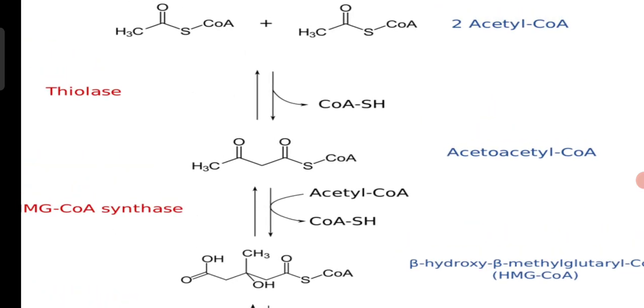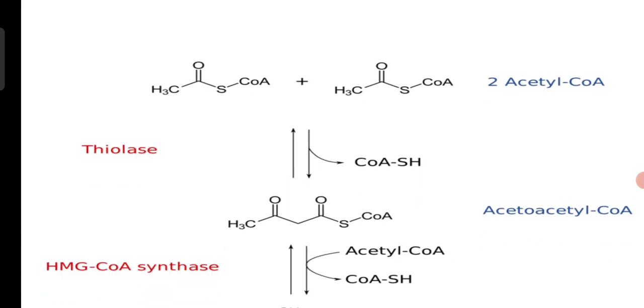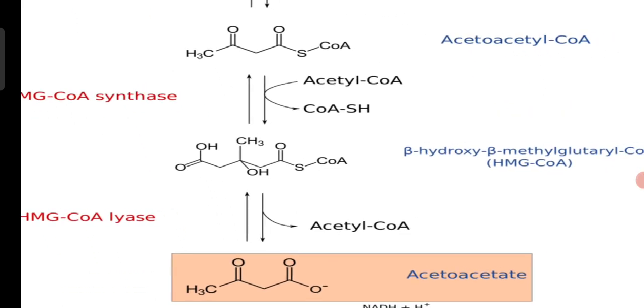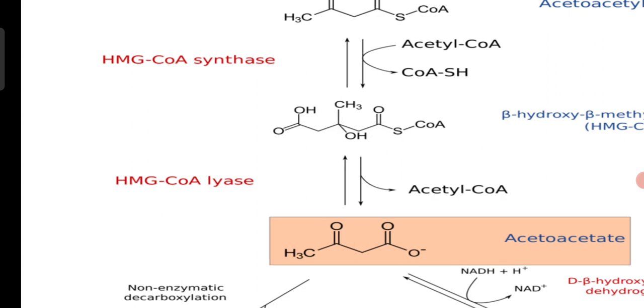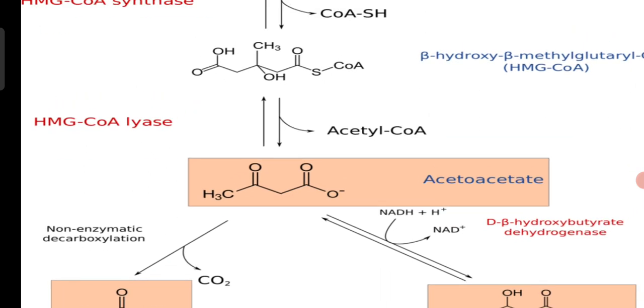In between, acetyl CoA is getting converted into coenzyme A. So in the first step we are only using coenzyme A. In the second step, acetyl CoA is converted into coenzyme A. Next, this HMG CoA is reacting with HMG CoA lyase, and we are getting acetyl CoA and acetoacetate.